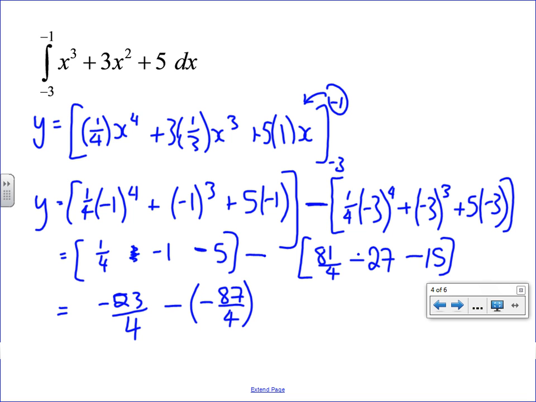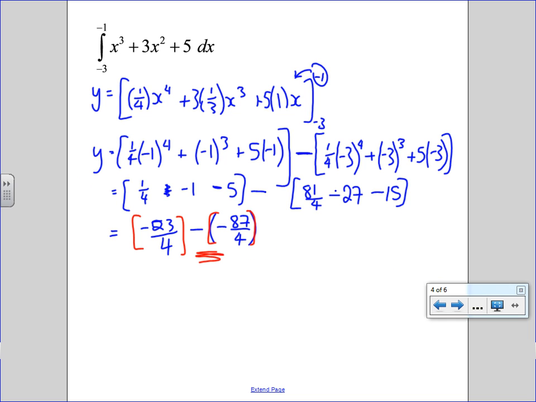Because we've got this minus minus coming in here. Yeah. So if you're keeping everything until right at the end, keeping them in their square brackets, then it's going to be a lot less likely to go wrong. Okay. Minus 23 over 4, add 87 over 4 is 16. Yay!